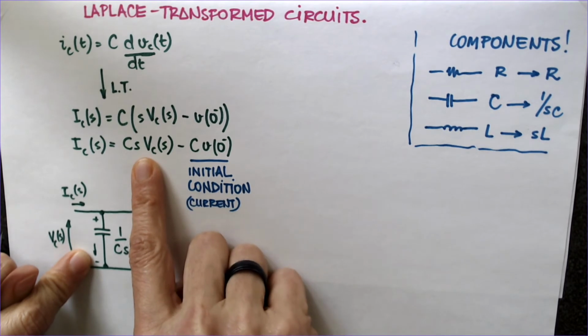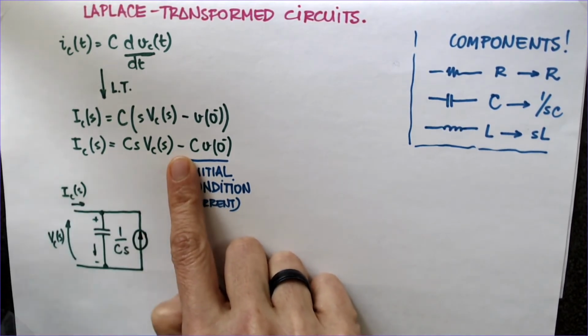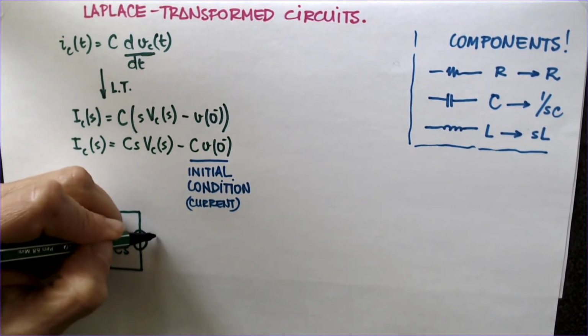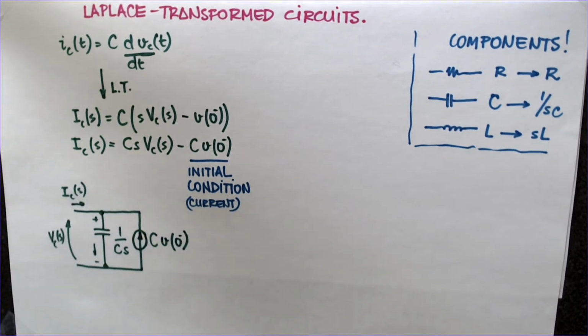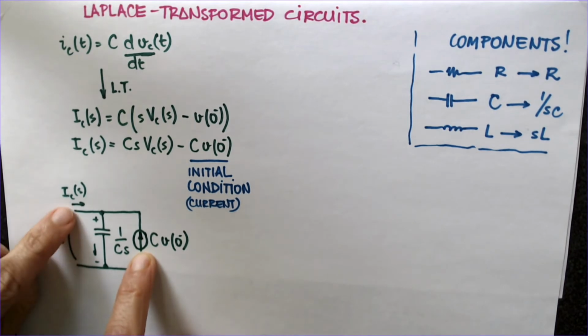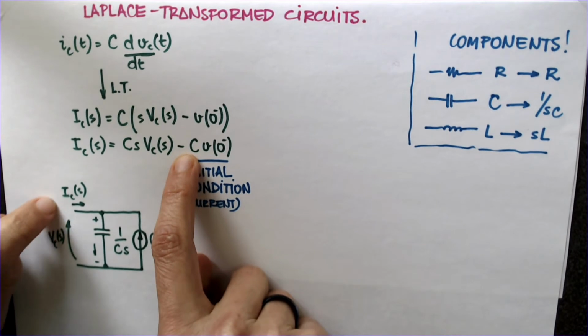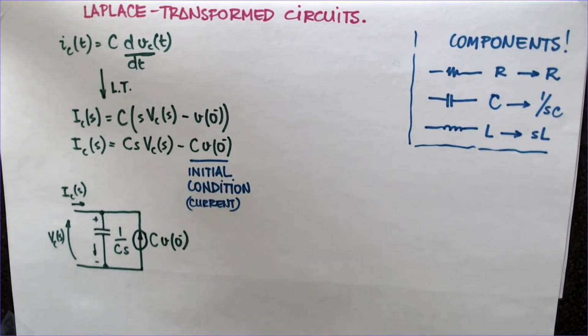So the first part of the current is what we already had. And now the arrow is pointing up, making sure you remember this is because of that minus on that initial condition. I apologize that my hands are not showing the things that I'm saying, on the direction of the current.